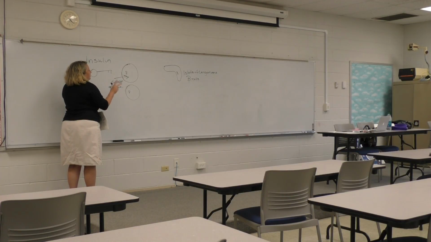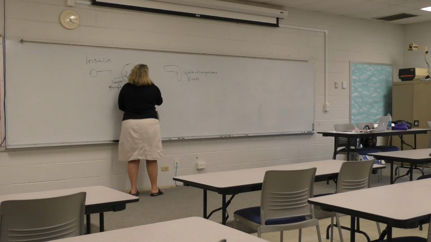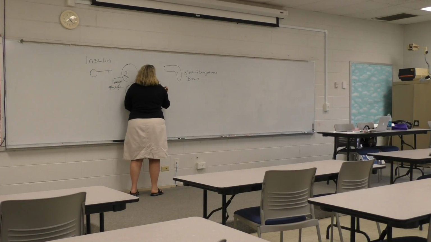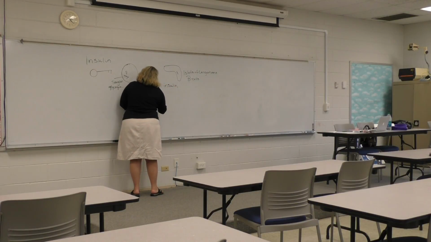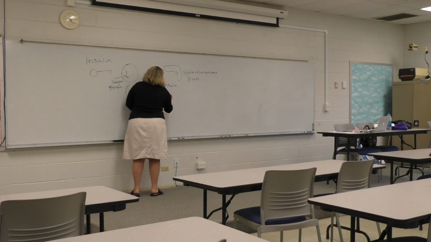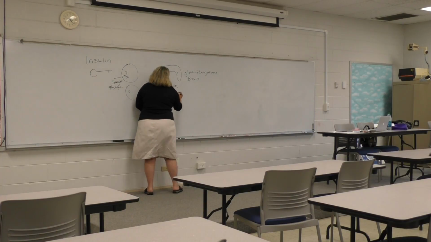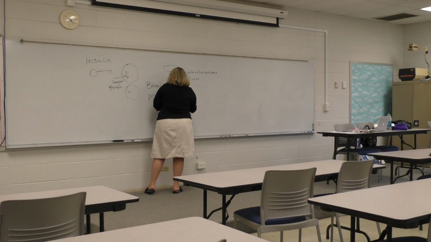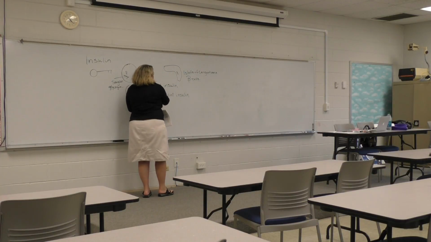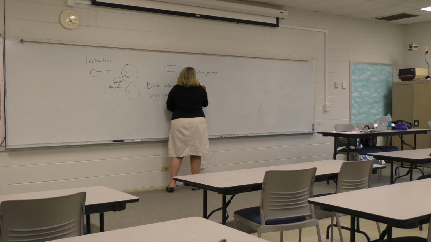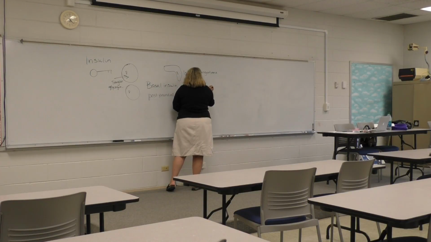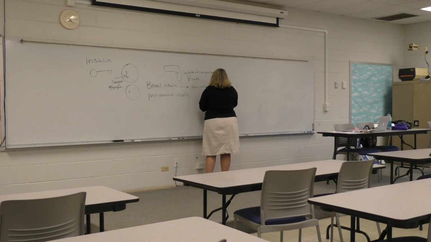Insulin happens in two ways. We have basal insulin, and we have postprandial. Basal insulin is a slow, constant drip into the bloodstream.